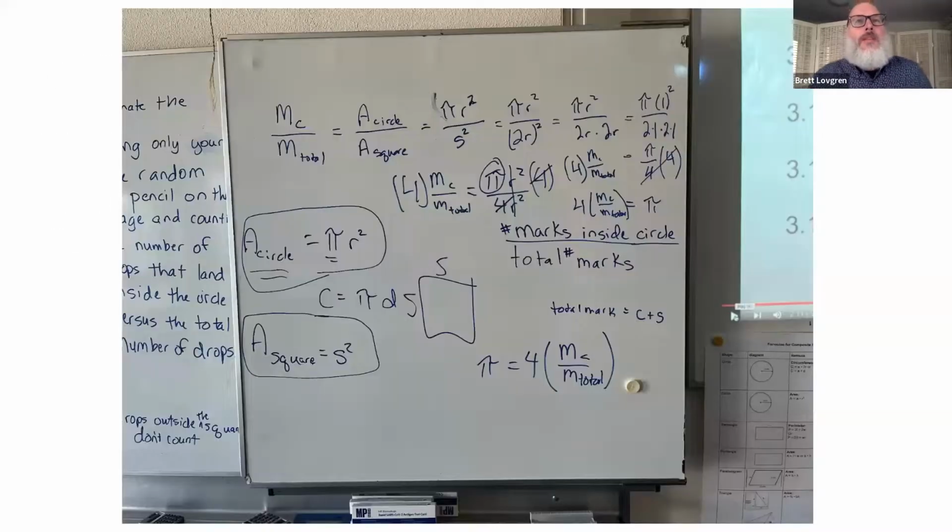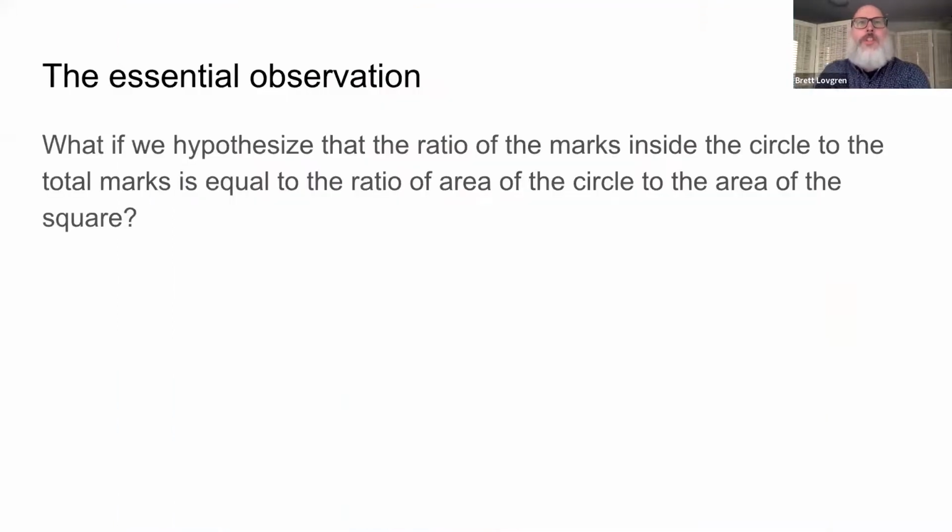Let's look at this image. We're interested in the count of marks inside the circle over the total number of marks on the image. And we're making the proposition that that's equal to the ratio of the area of the circle over the area of the square.